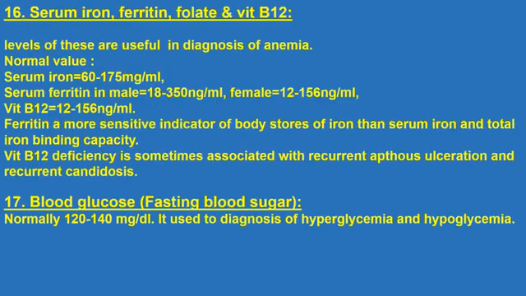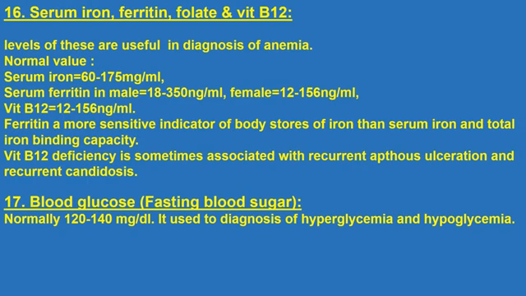When we have a patient with severe chronic anemia, and we need to know if the cause is related to iron storage or to synthesis of hemoglobin, we use the following tests: the serum iron, ferritin, folate, and vitamin B12 level in the blood.